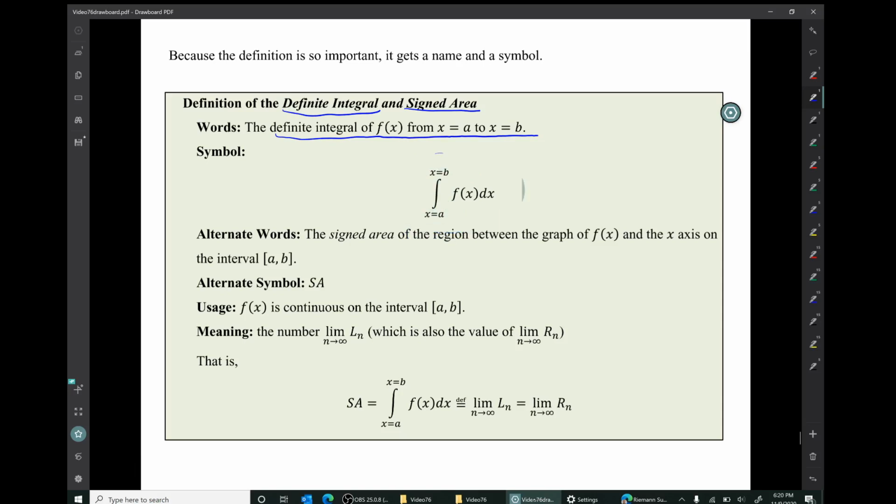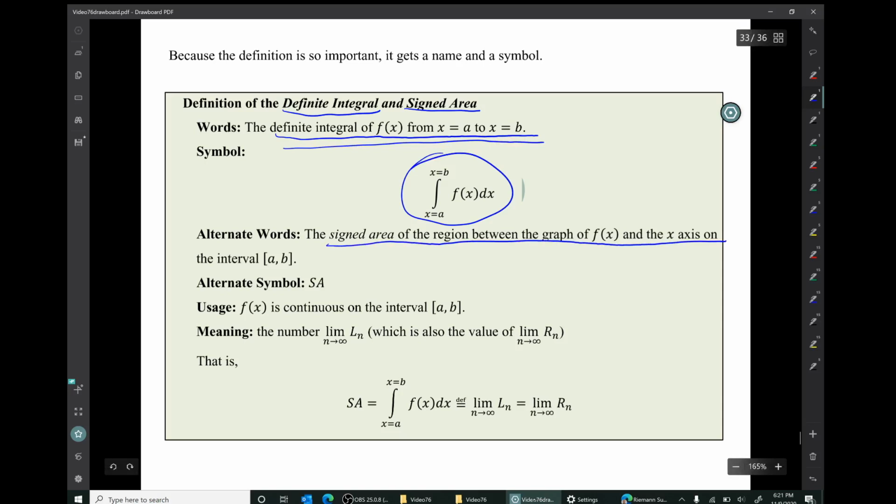Another way of saying this, instead of saying the definite integral of f of x from x equals a to x equals b, another way of saying it is this: the signed area of the region between the graph of f of x and the x-axis on the interval a comma b. And another symbol is just simply SA. That's my symbol. Nobody else uses that, but it's a nice symbol.